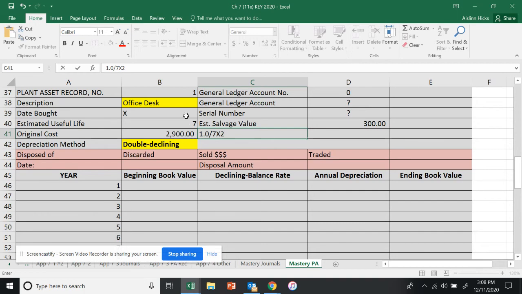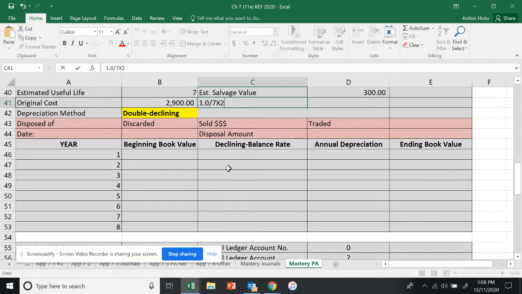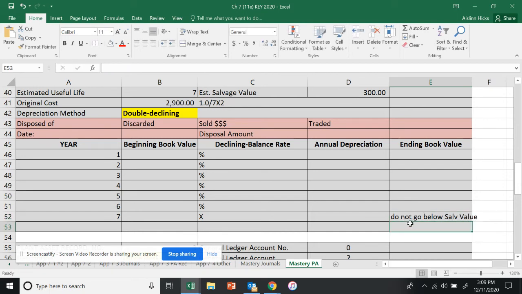You're going to do it for 7 years, and you're going to use the rate for 1, 2, 3, 4, 5, 6 years. And then your 7th year is just going to be depreciate the rest. So do not go below salvage value. Be careful.